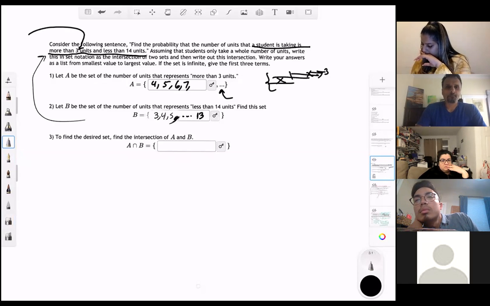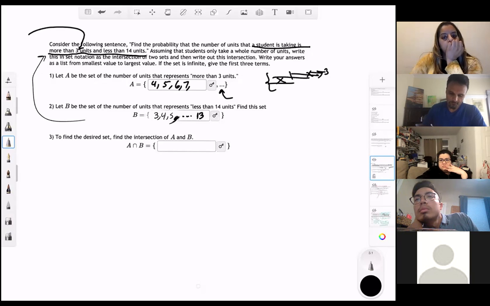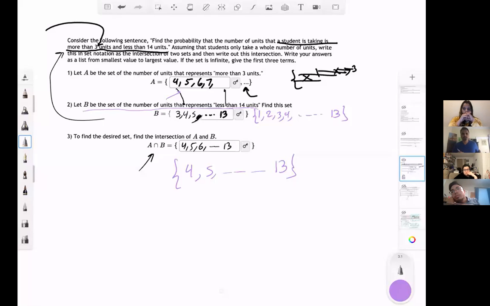So what about A intersection B? If we intersect, what do we get? So this is a correct answer. So this is not correct. Here they're saying let B be the set of numbers that represent less than 14 units.